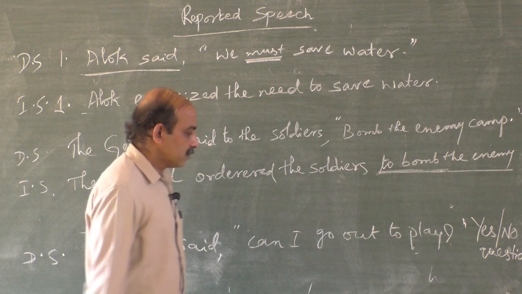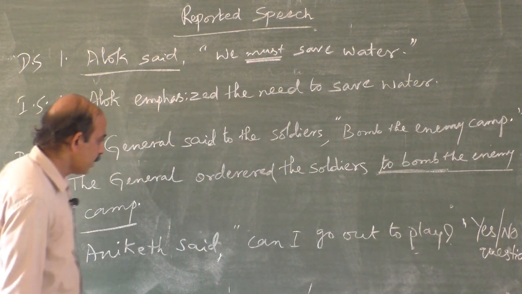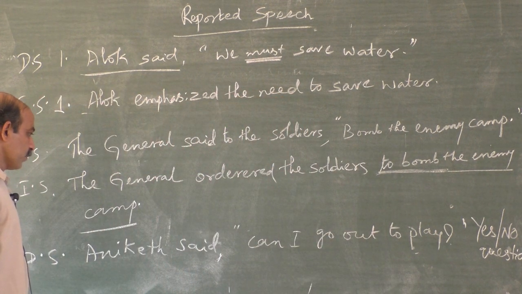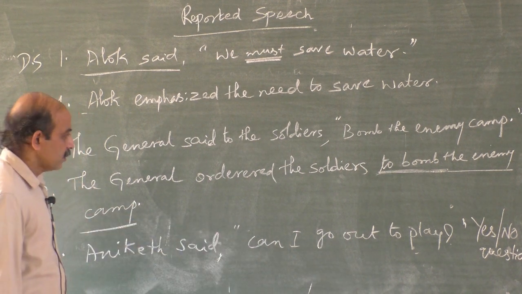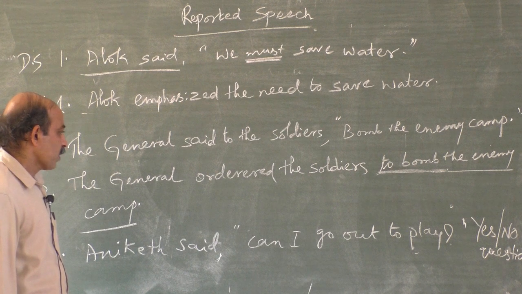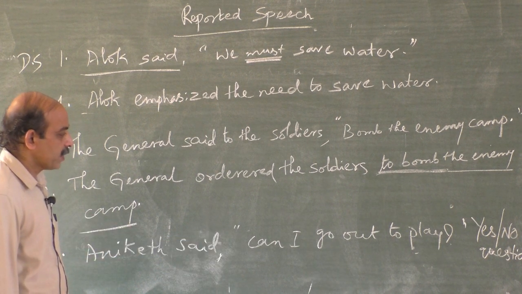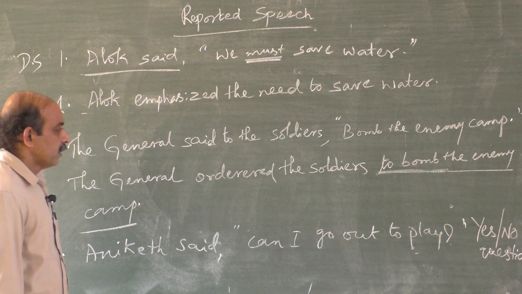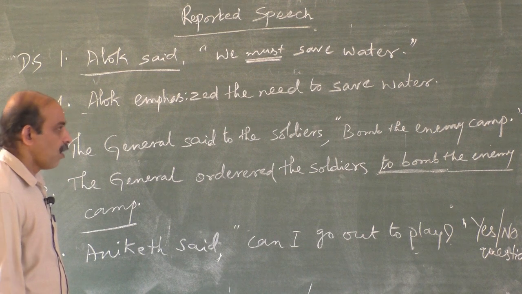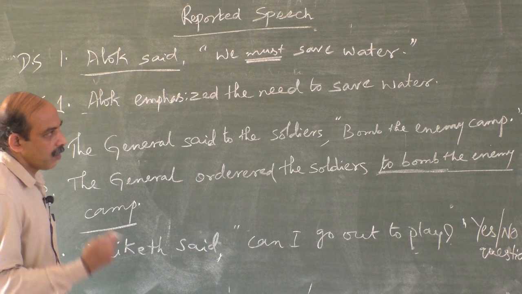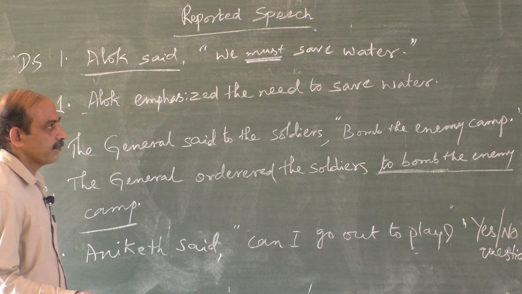Here once again, some students commit mistakes, and the area where problems occur is understanding the direct speech. "Can I go out to play" begins with a modal auxiliary, or "may I go out to play," or any other auxiliaries, primary auxiliaries or modals.